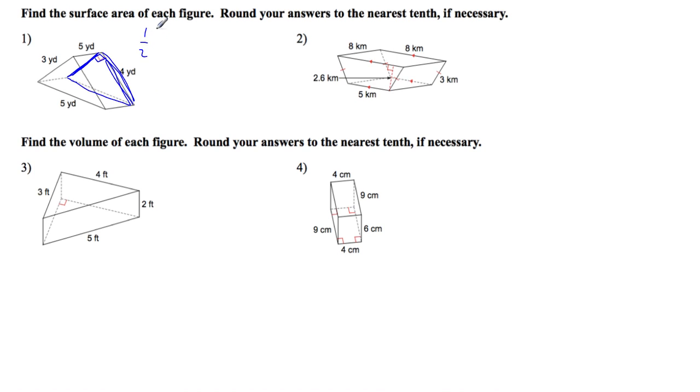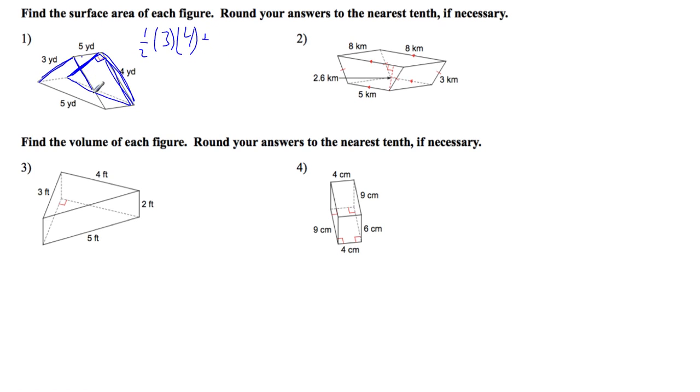So it's going to be 1/2 times the base. If I look, this distance is 3, so this parallel distance, the opposite side of this rectangle, is also going to be 3. So 1/2 times the base, which is 3, times the height, which in this case is 4.